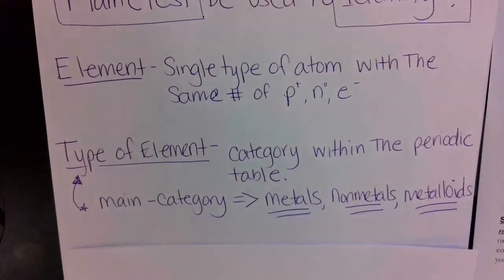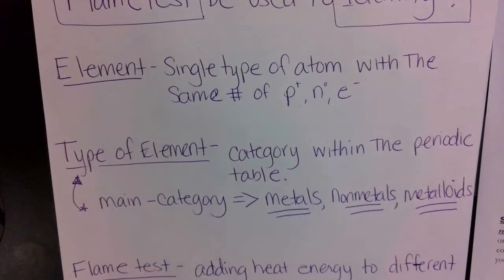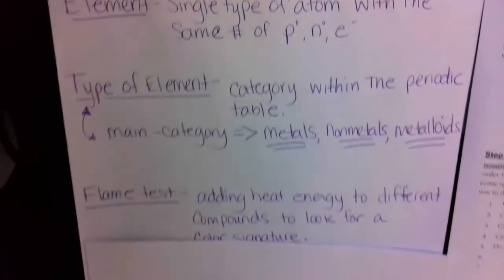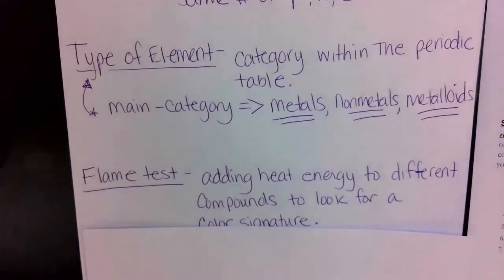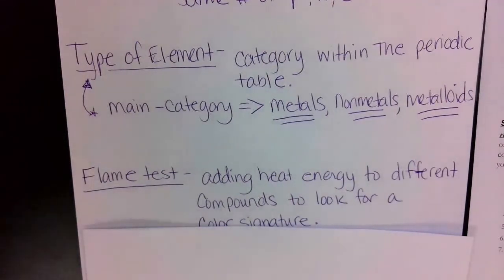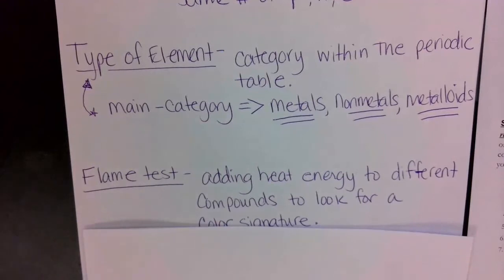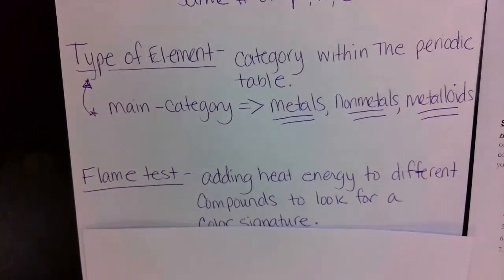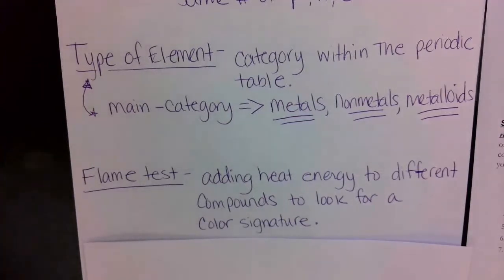We also talked about what a flame test was. Flame tests are the addition of energy, specifically heat energy, to a substance, compounds in this particular case, and we're looking for a color signature. Is there something that helps us see what happens when it's burning?